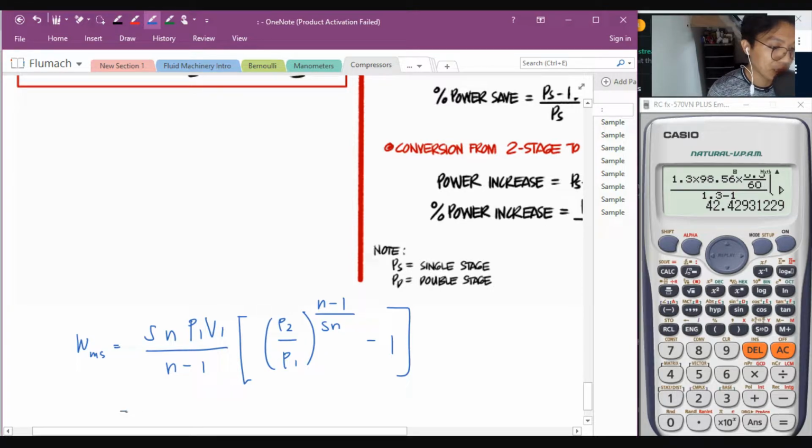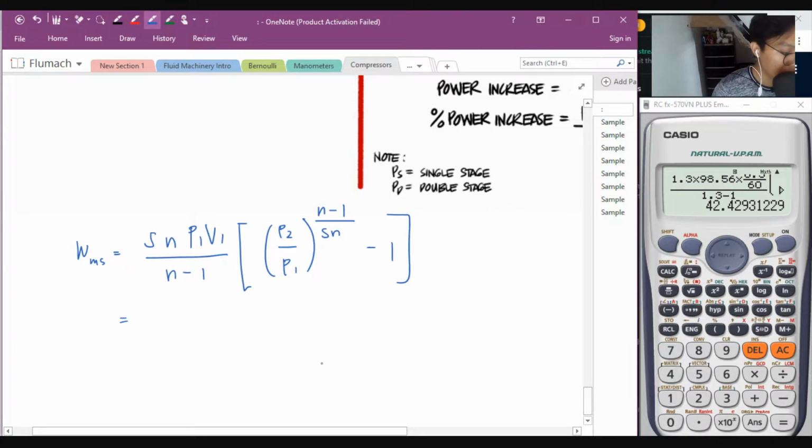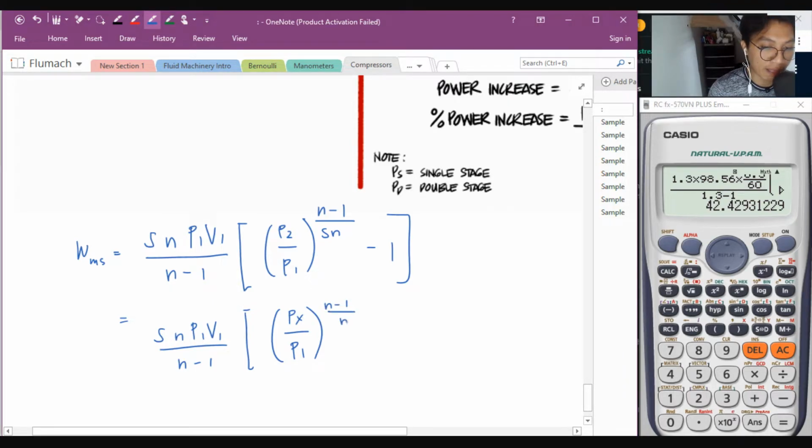Ngayon, pag PX naman gagamitin mo, ganito lang. If PX ang gagamitin mo, multiply mo lang number of stages, N, P1, V1, divide by N minus 1, multiplied to PX, divide by P1, tapos, N minus 1 over N, minus 1. Ito ang pinagkaiba nila. Okay? Ito, pag PX ang ginamit mo.